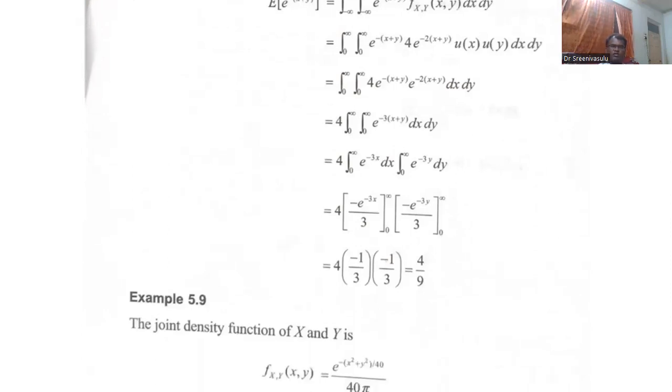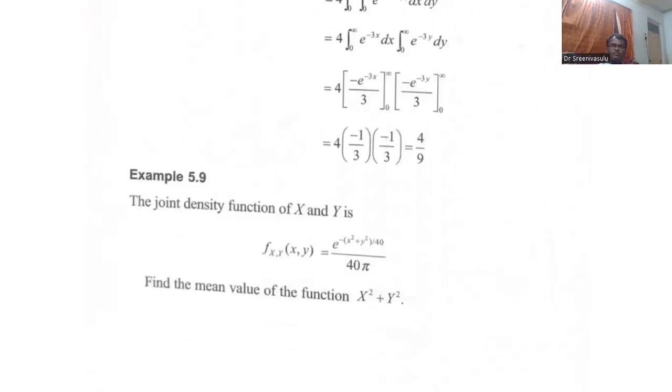You see another one. The joint density function of x and y, f_XY(x, y), is equal to e^(-(x² + y²)) divided by 4π.